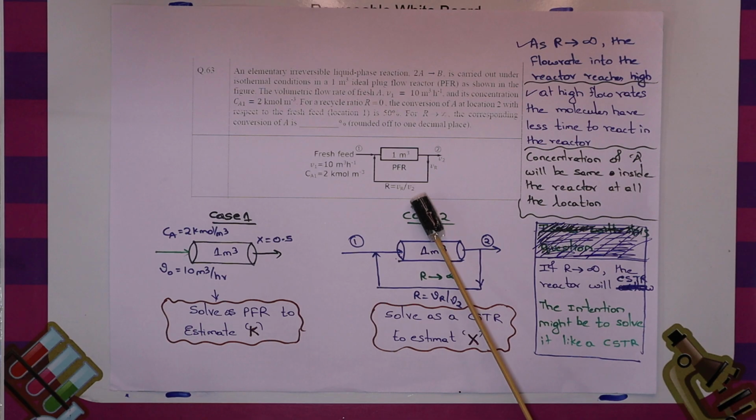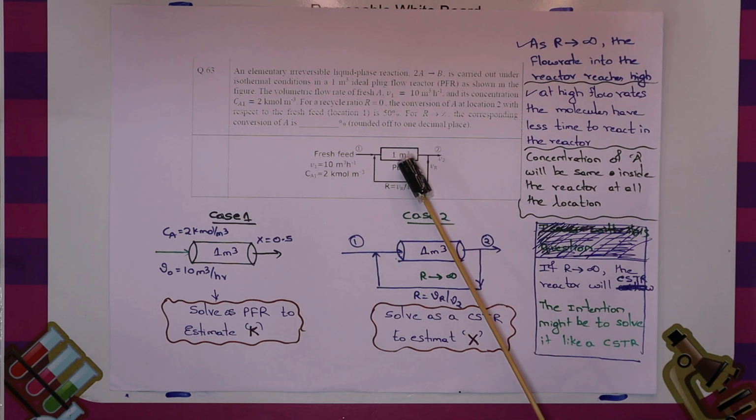It's a recycle reactor. So the recycle ratio is given as the volumetric flow rate of the recycle divided by the exit volumetric flow rate. So R is nothing but VR by V2, and it's a PFR that is primarily present here.